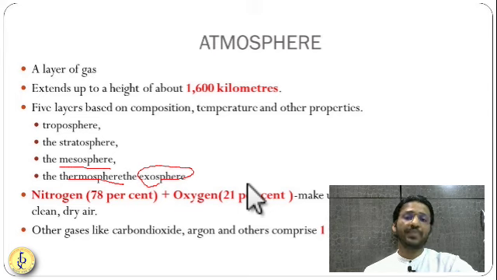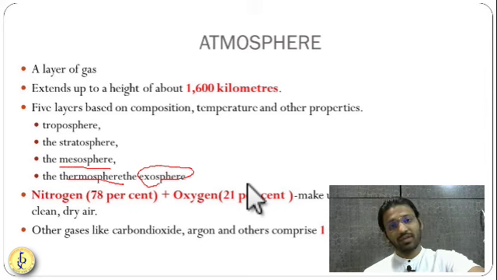These are the 5 spheres of the atmosphere. There are different characteristics of these 5 layers, and they have different functions to perform. These functions and the importance of these layers we will study in the next NCERTs.